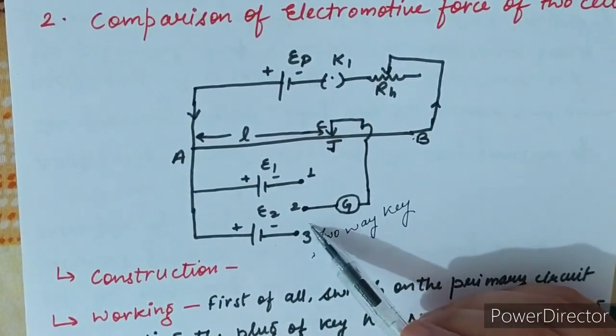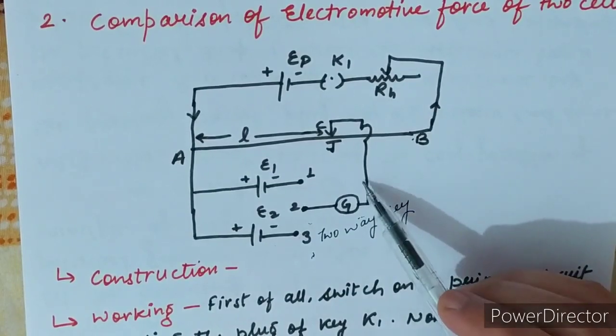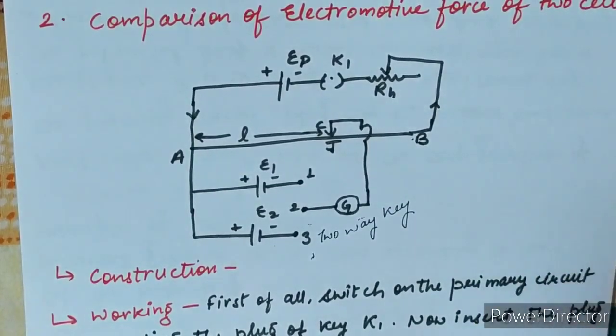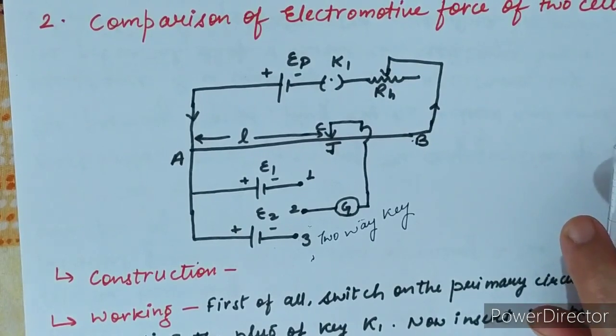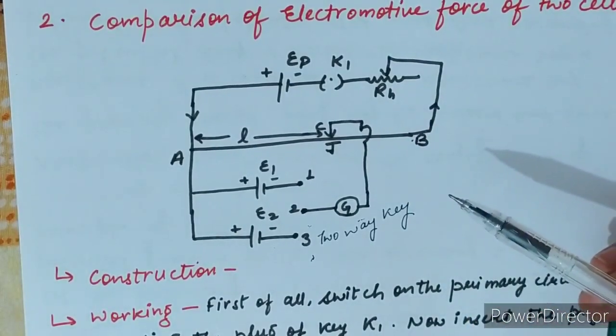Terminal 2 of the two-way key is connected with the jockey along with the galvanometer. So the construction you have to write in your own language. I have explained the entire thing in the circuit diagram.